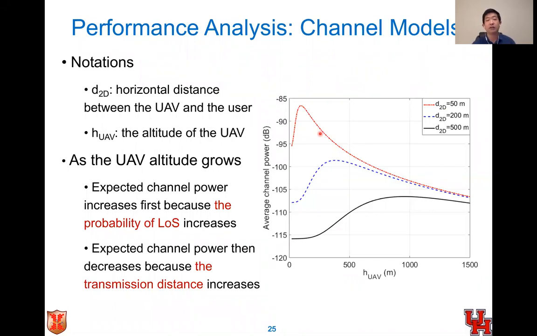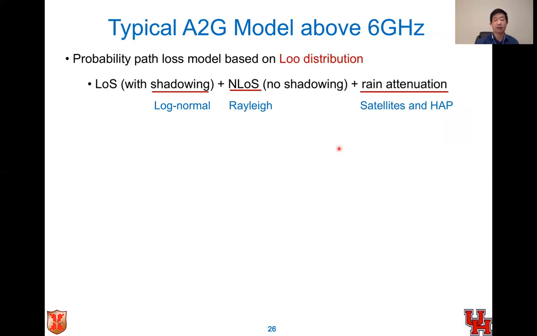So when you consider this resource allocation, sometimes it's counterintuitive, and sometimes it's not. If your UAV is too high, the coverage is better, but the distance is long. So the optimization over the 3D space becomes very interesting. So typically they will give you some counterintuitive result.